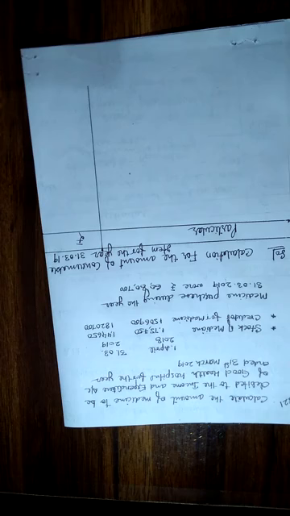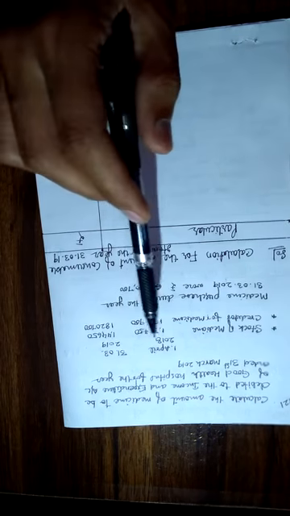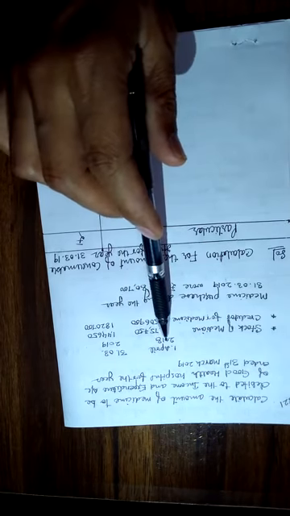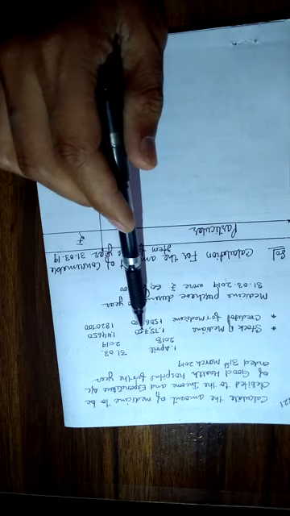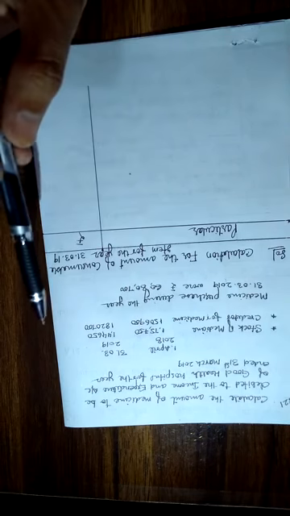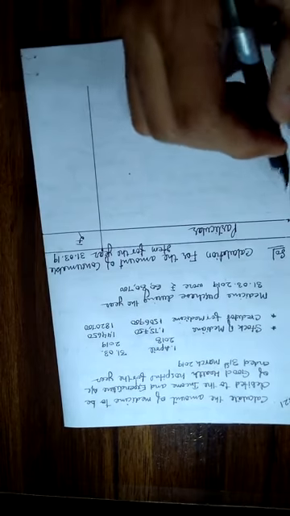So what do we have in this question? Stock of medicine at the beginning of the year. How much stock do we have? 1,75,750. So we add this.